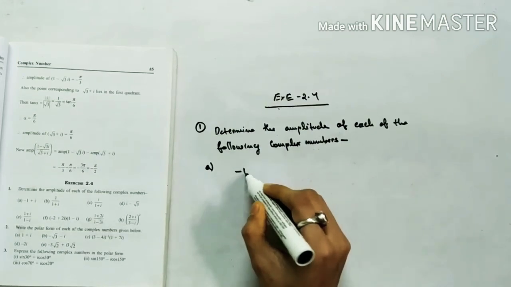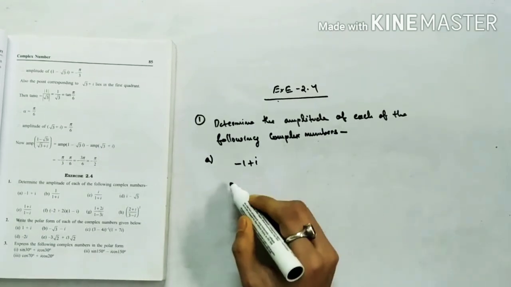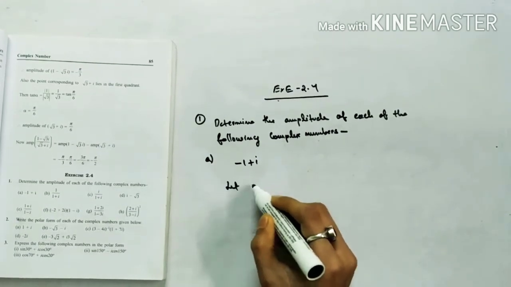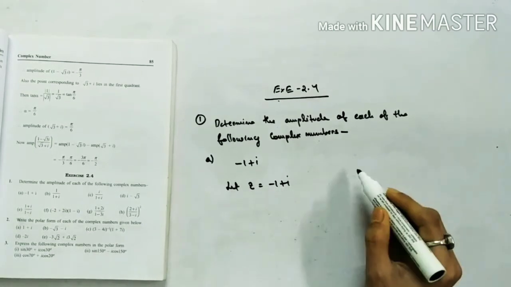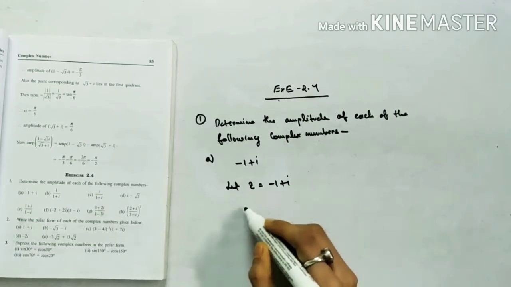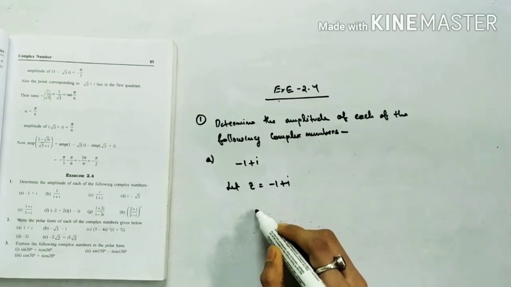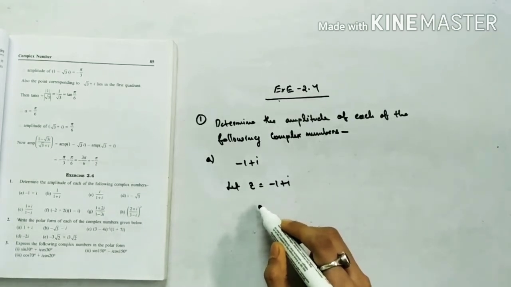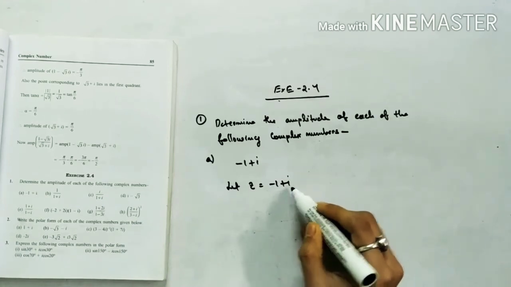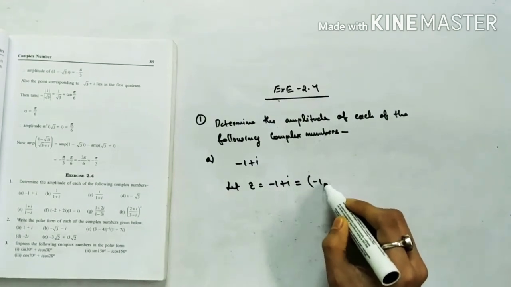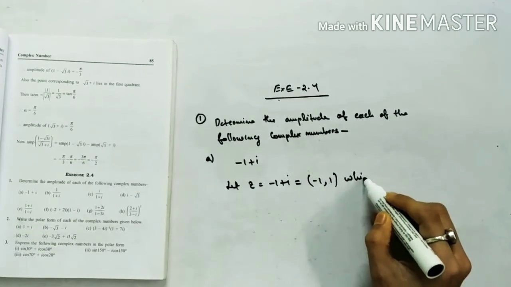So this is -1 plus i. So let z equal -1 plus i. So in here, first of all, I will find z equals -1 plus i, which I can write as (-1, 1).